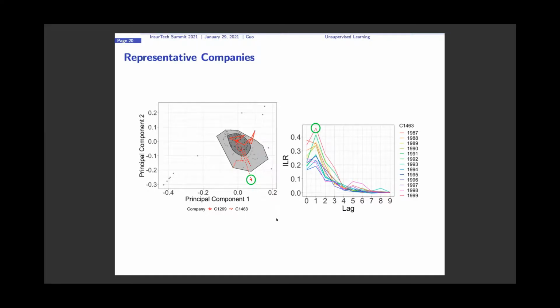Using our function, we can track the incremental loss ratio over the years for any company. And with the visual aid, we can quickly tell what's the general pattern of their loss development.